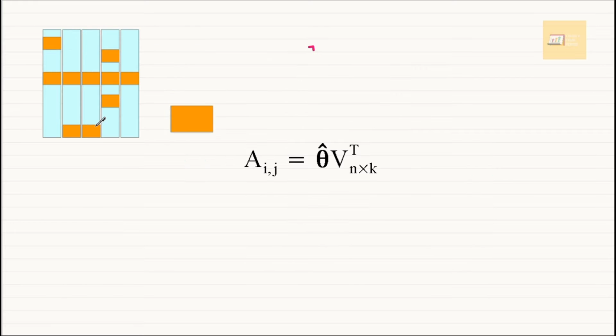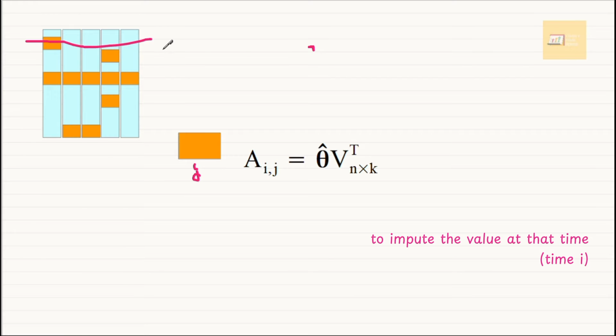For the imputation of a missing value j of observation I, let's say that we want to impute the missing value from this observation, so this is an observation I. The imputation is done by regressing the observation against the selected eigenvectors, or the reduced matrix V transpose.